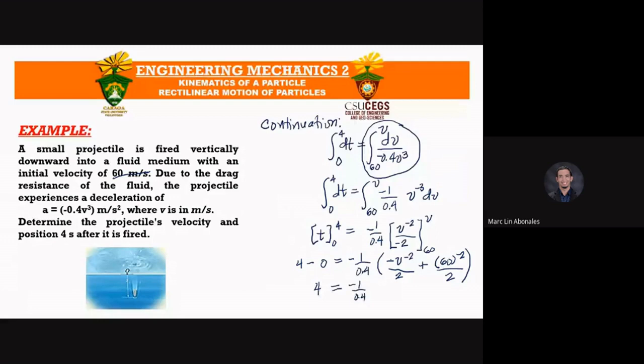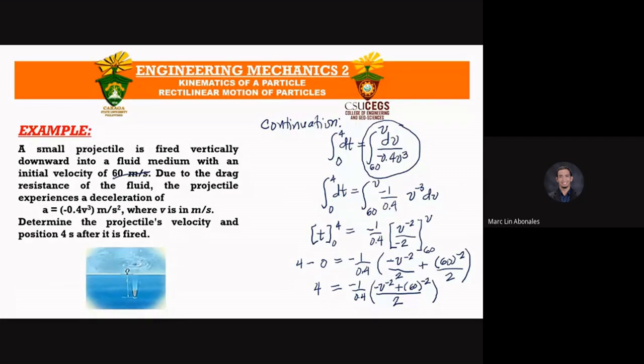So you just combine the two fractions since the denominator is the same. So you just combine the numerators. So negative v raised to the power of negative 2 plus 60 raised to the power of negative 2.